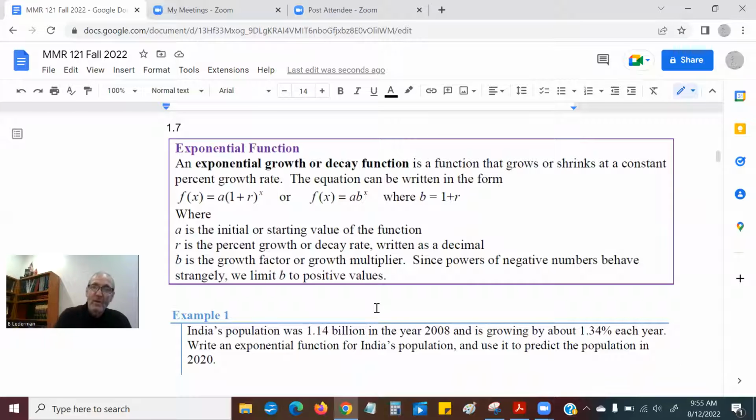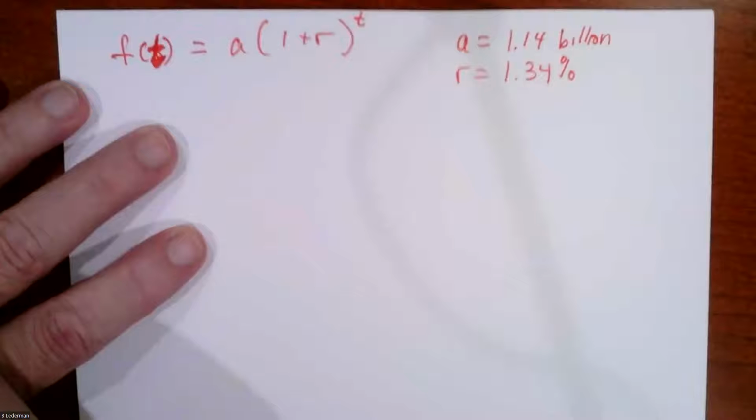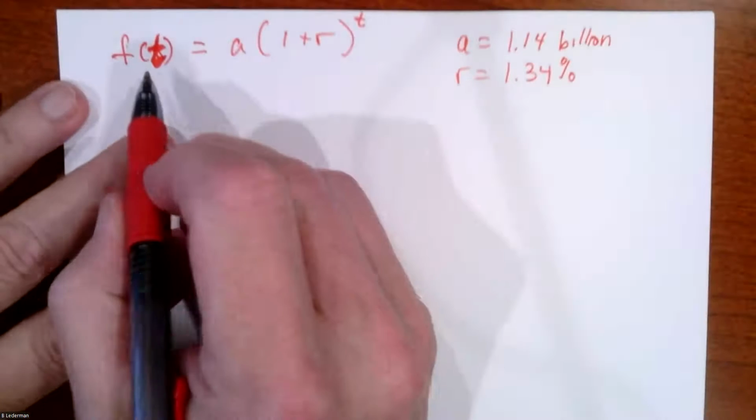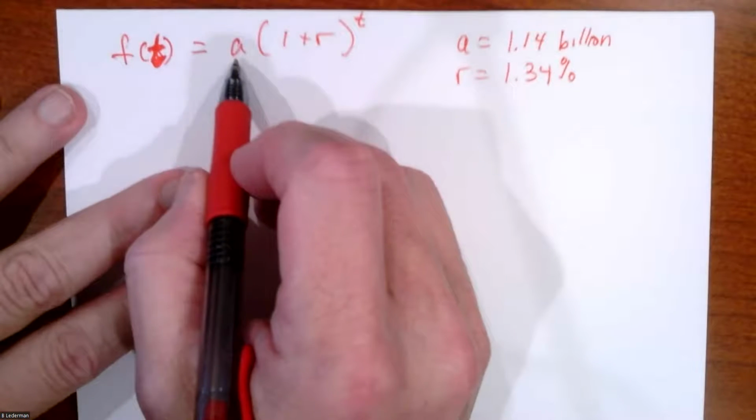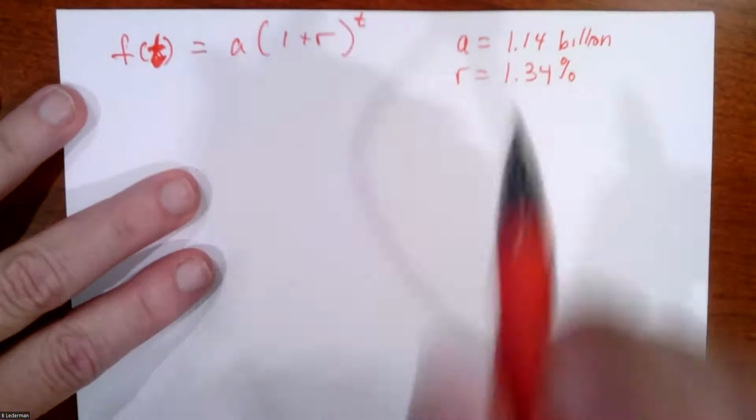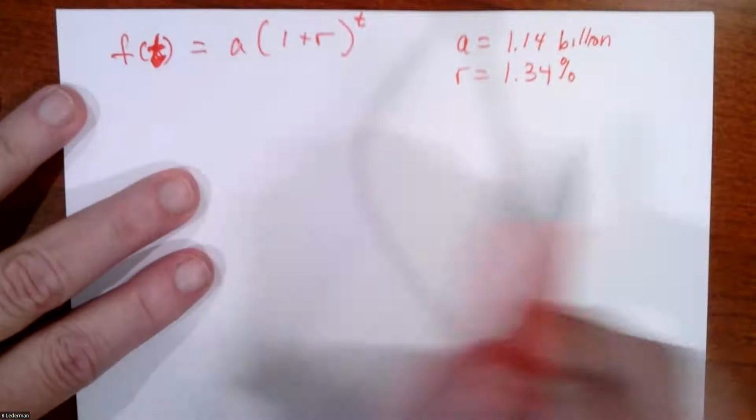So first of all, we're going to start at the year 2008. That's going to be our 0 year, and we're going to set t equal to 0 in 2008. So here's our function. F of t is equal to a times 1 plus r to the t power. T is the time.